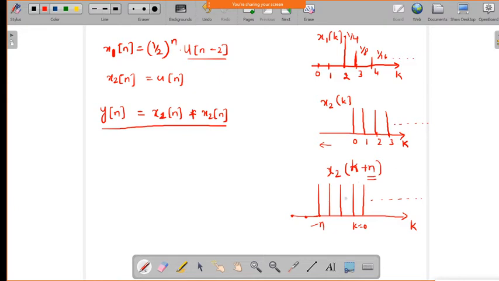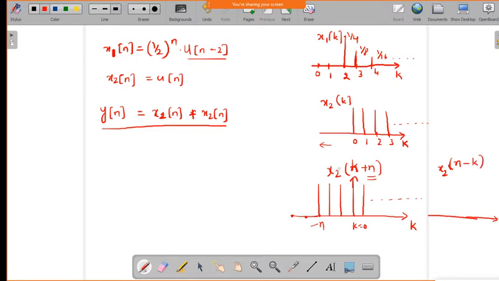Now if you reflect this one, what will happen? Say this is the origin. This n will come to this side, and the infinite positions will go in the backward direction. So what will be your x2 of n minus k?